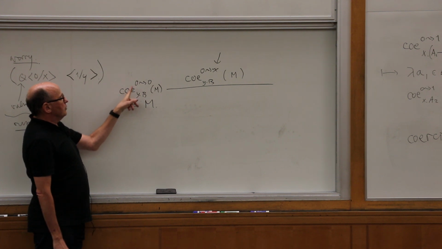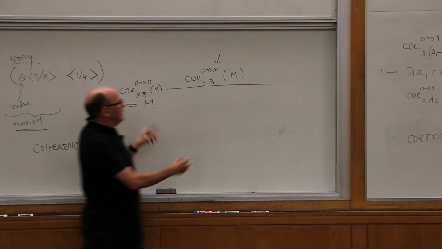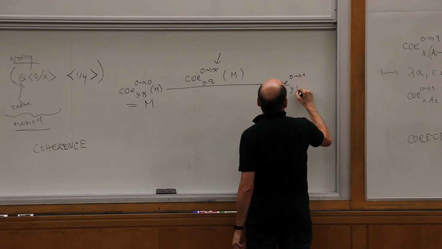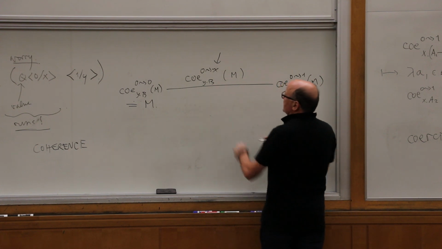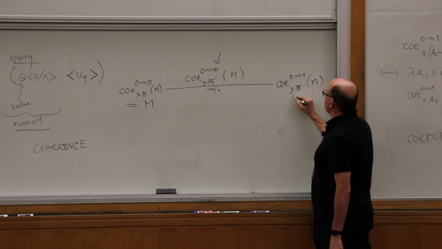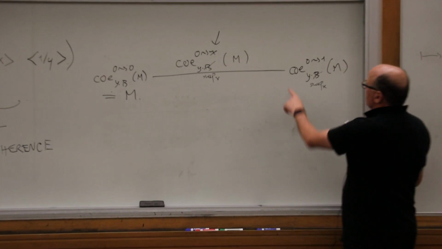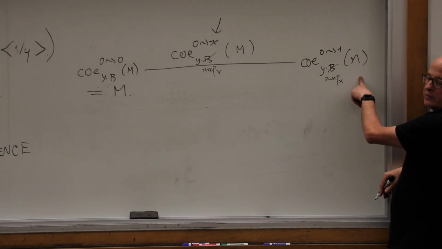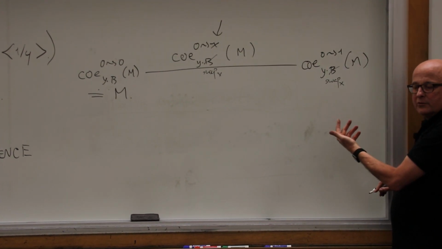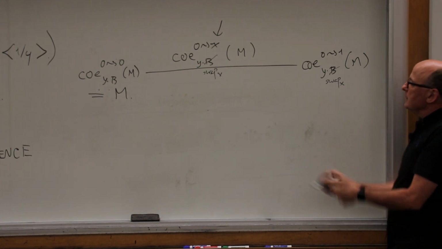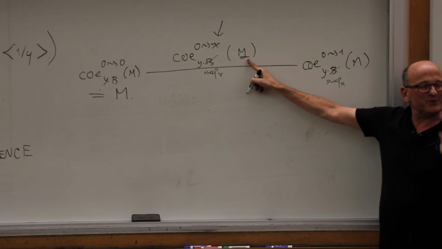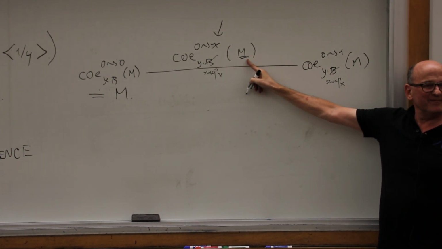Okay, so the left endpoint of this line is m, and the right endpoint is a coercion from 0 to 1 in y dot b of m. So think of b as swap x. And remember what this means, it swaps the components of m. So I need a line whose left endpoint is one pair and the right endpoint is the swapping in the other direction. And where am I going to get that? I'm going to get that out of m because the elements of m in the swap type are such lines that have swapped endpoints.